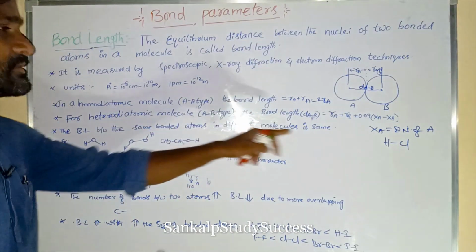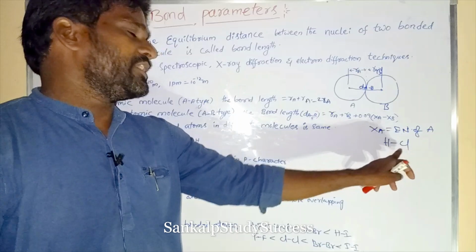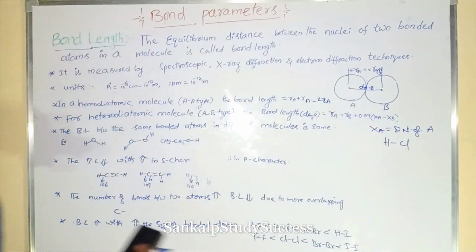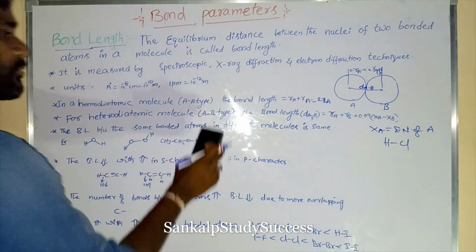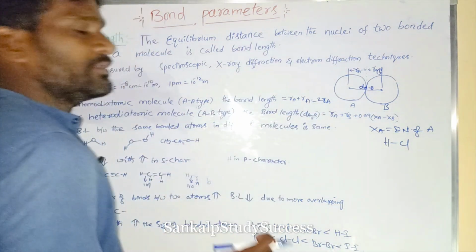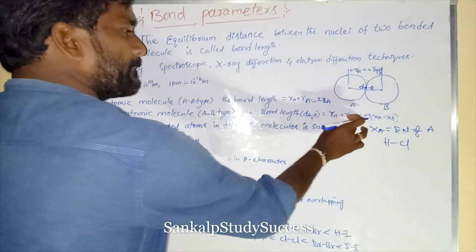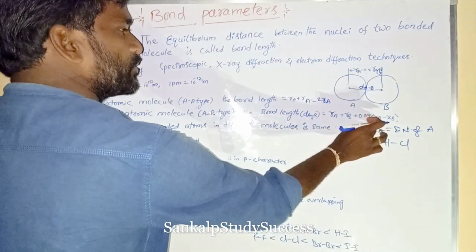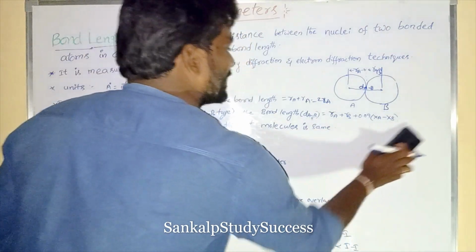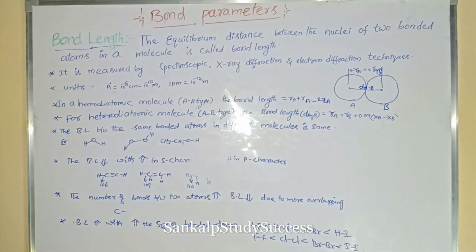Suppose HCl, here H and Cl are different. So that is the heterodiatomic molecule. In a heterodiatomic molecule of AB type, the bond length DAB is equal to RA plus RB plus 0.09 into XA minus XB, where XA and XB are electronegativities of those atoms.